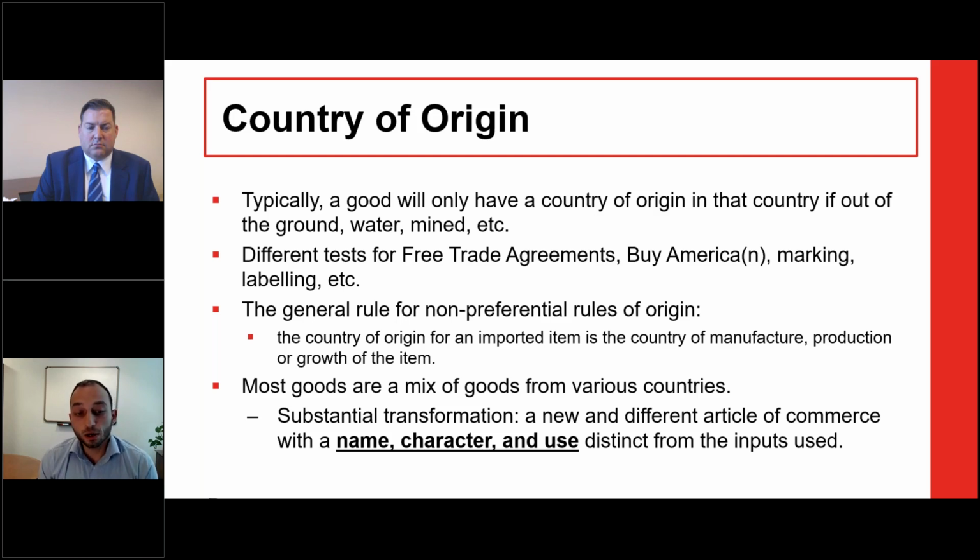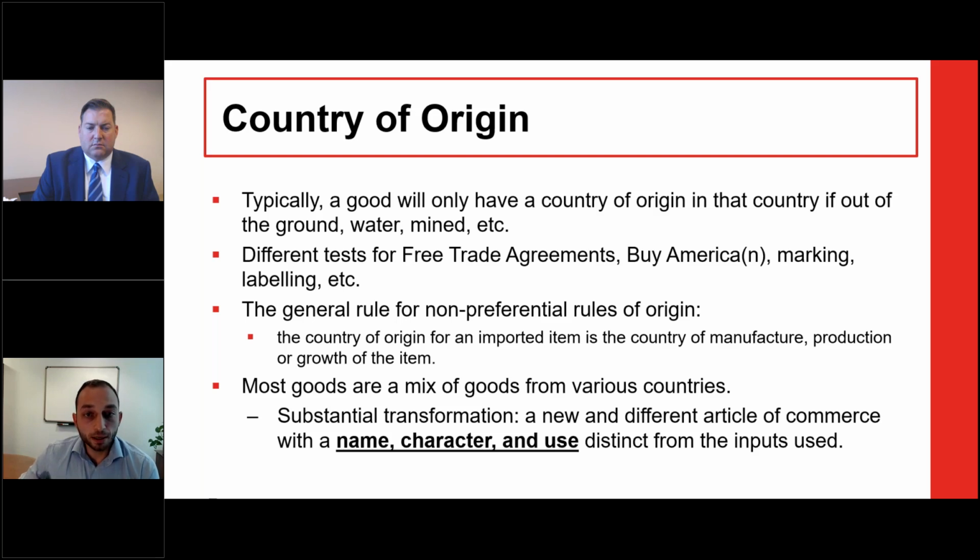And finally, courts have considered the nature of the assembly, meaning whether it's a simple assembly or a more complex assembly process, such as the individual parts lose their separate identities and become an integral part of a new article. Courts or CBP may typically find a substantial transformation.